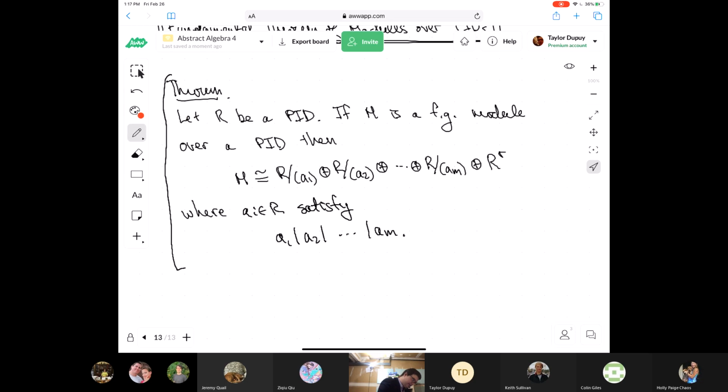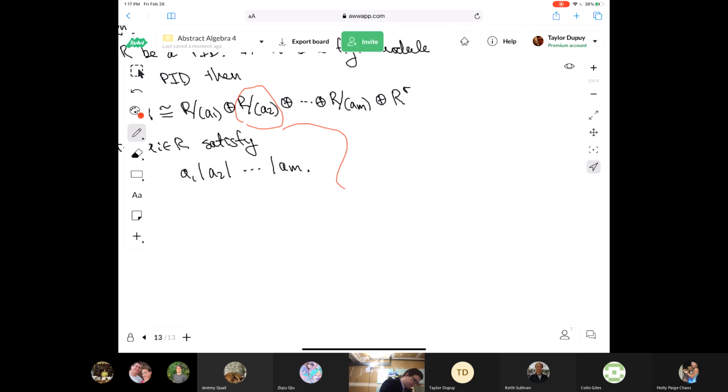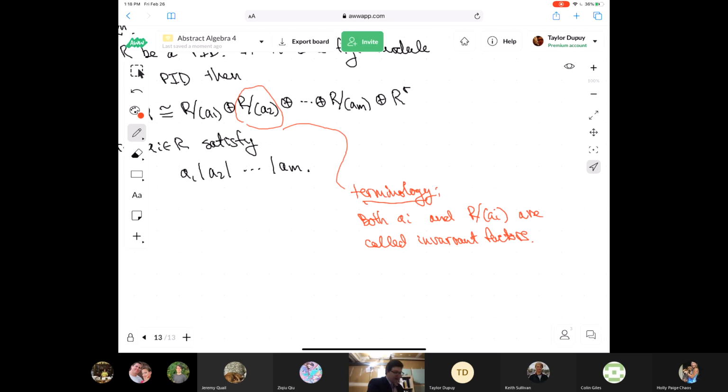Both the Ai and these things, R mod Ai, are called invariant factors. So we call this factor the invariant factor.